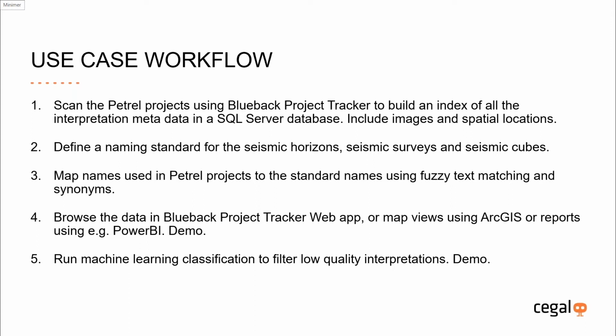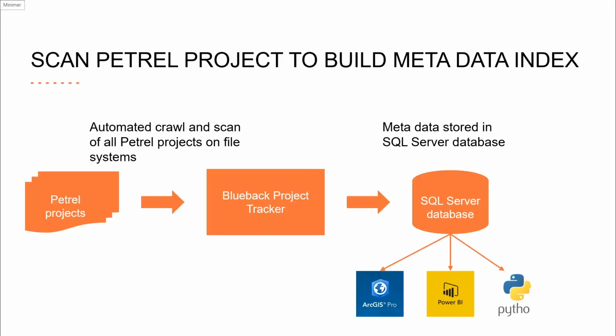We map the existing names to this standard name using a fuzzy name matching algorithm. Then the data can be browsed in the web application that we provide, or through map views in ArcGIS or Power BI. And on top of that, we can run machine learning classification to filter low quality interpretations.